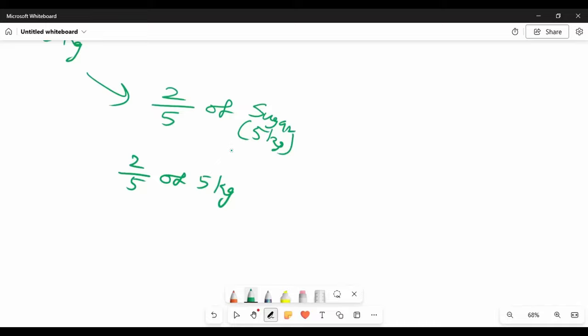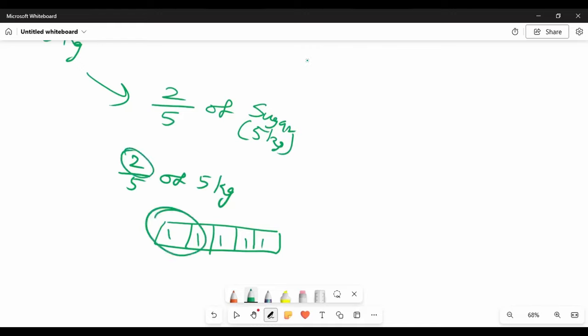Because we have 5 kilograms, we are going to make it into 5 pieces, because the denominator we have is 5. Therefore, we divide the 5 kilograms into 5 pieces, so each gives us 1 kilo. If we take 2 of them, that equals 2 kilograms. Understood the idea?